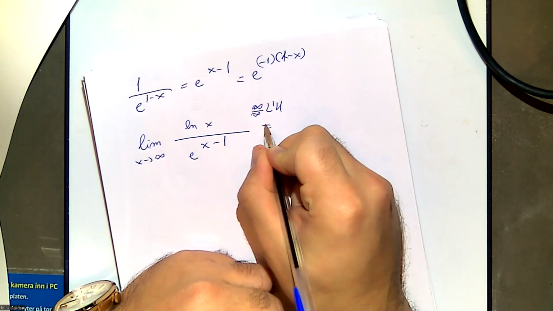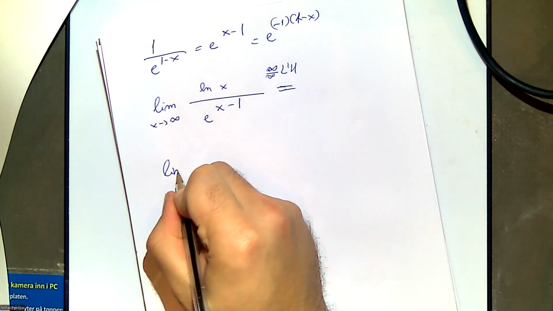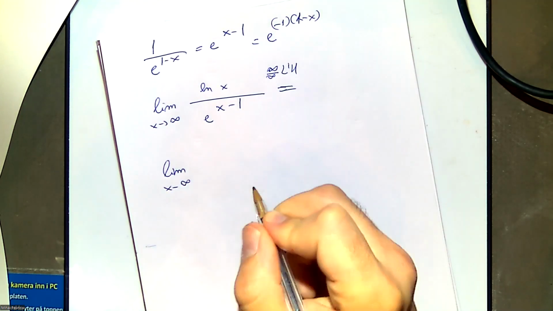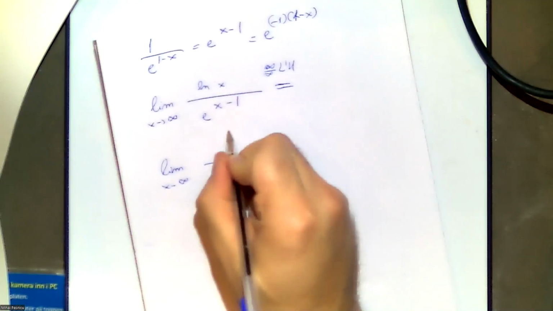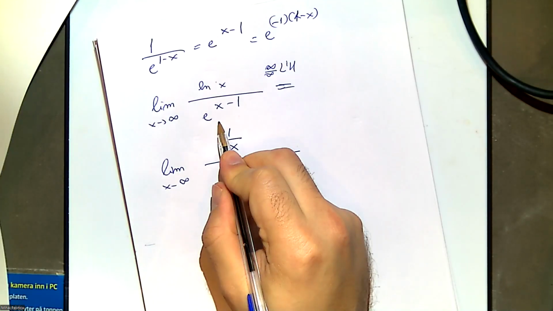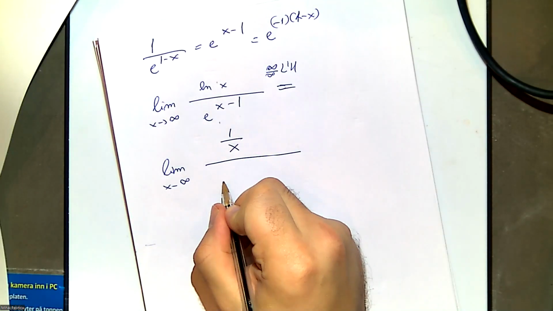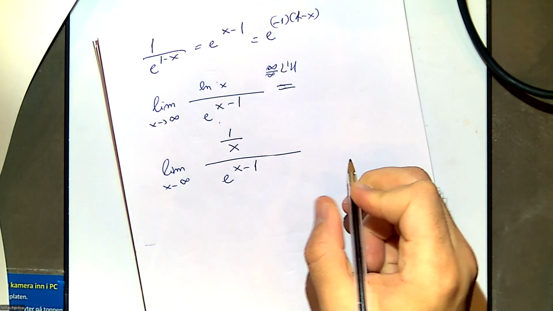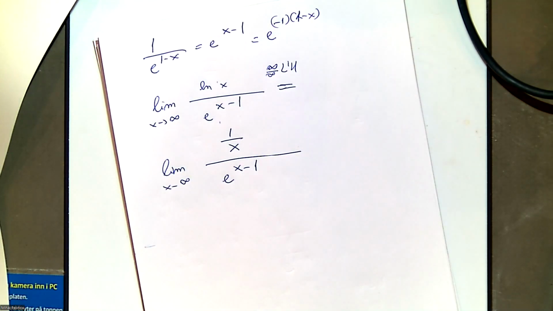I apply L'Hopital to it, and I get the limit as x goes to infinity. What is the derivative of this? 1 over x. What is the derivative of this? It's just e^x minus 1. Now I evaluate this again.